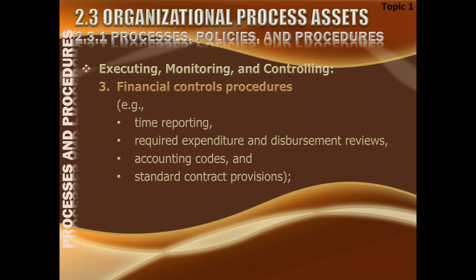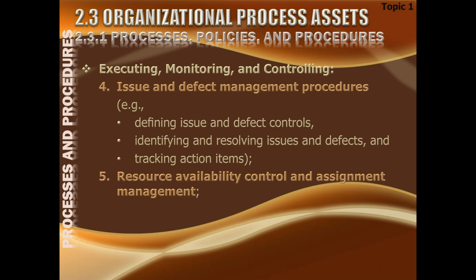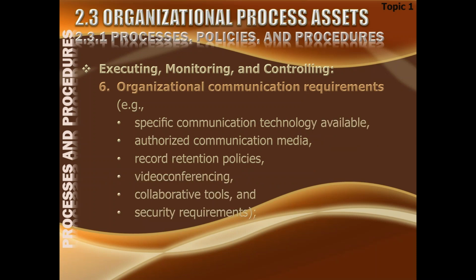Then we have financial control procedures like time reporting, required expenditure, and cost accounting codes by which we report the cost, standard contract provisions, and issue and defect management procedures, which define issue and defect controls, identifying and resolving issues and defects, and tracking action items. Then resource availability control and assignment management. So these all are happening in execution, monitoring, and control.